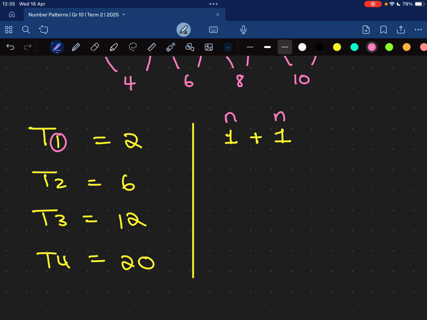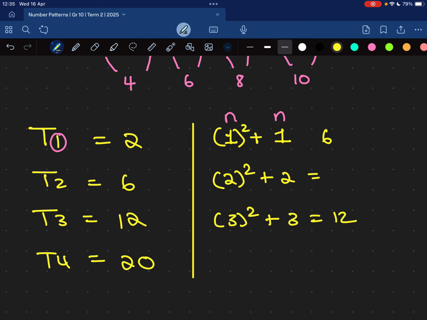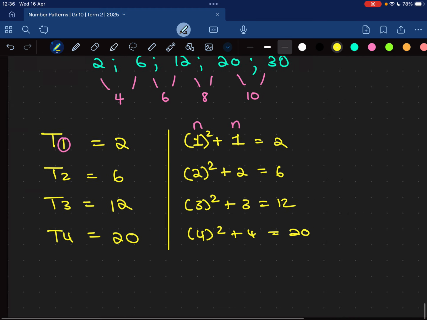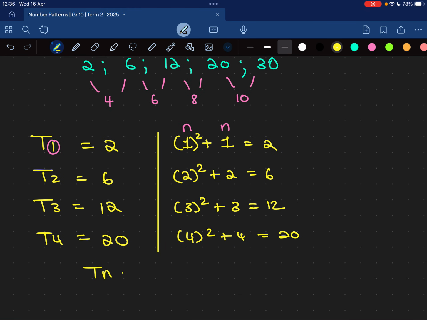However, I noticed that if I took 2 squared plus 2, I would get 6. So now I basically use the same principle to say, well, if I had 3 squared plus 3, I would get 12. And what about if I had 4 squared plus 4, I would get 20. So the general pattern here would be Tn is equal to n squared plus n.